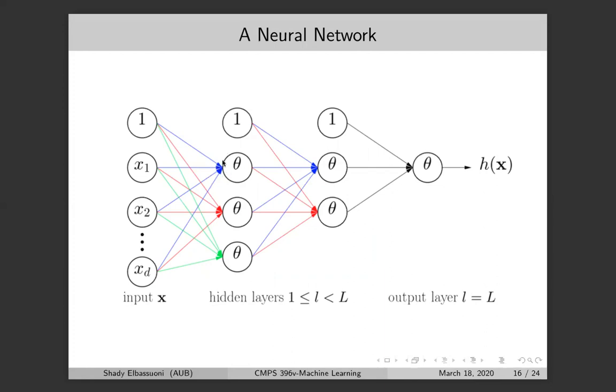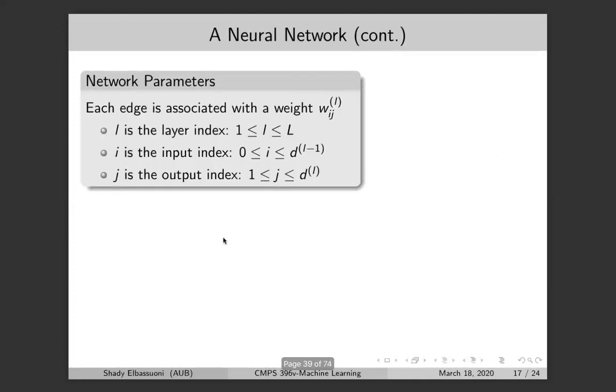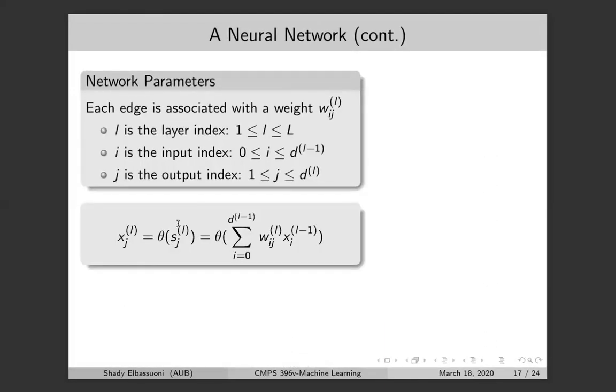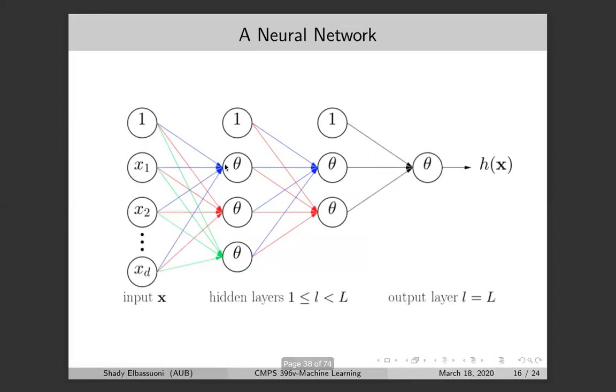So this would be S1 of layer 1. This is S2, signal 2 of layer 1. And this is S3 of layer 1. So S, J of L, where J is the index of the neuron: S1 of 1, S2 of 1, S3 of 1.